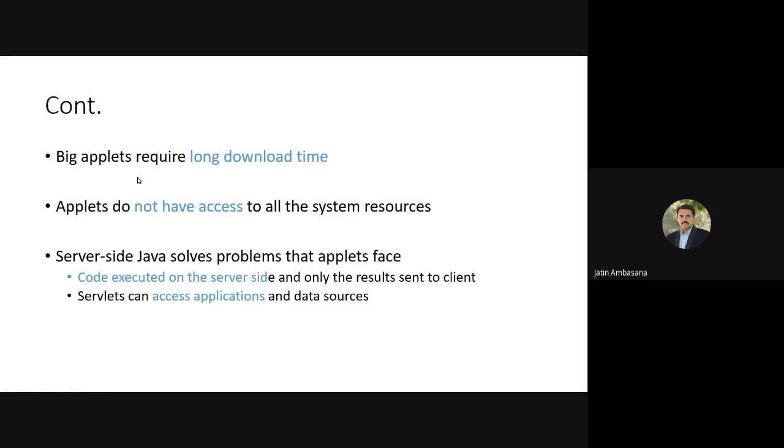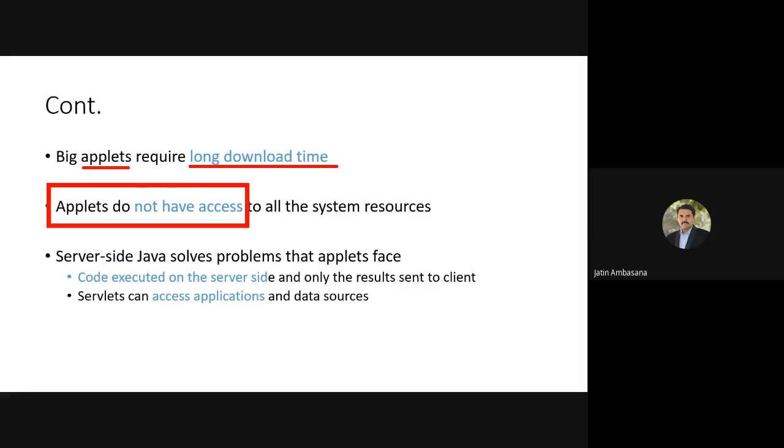Now see, before there were applets, but once a big applet started growing bigger, it would require a long download time. And the main thing is applets do not have access to all the system resources. They cannot access files on the client-side system. So server-side Java solves lots of problems that applets face.